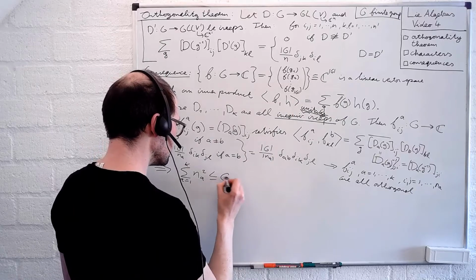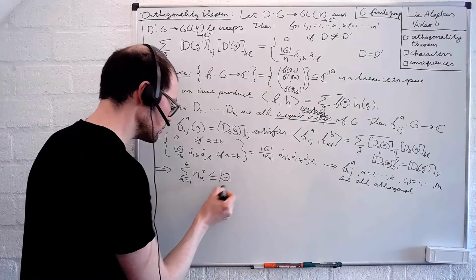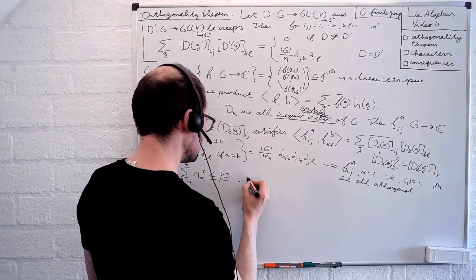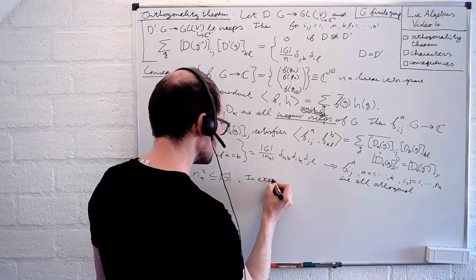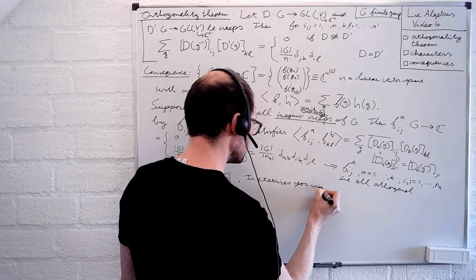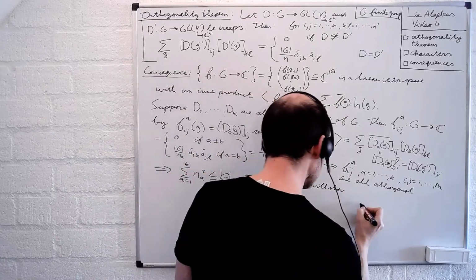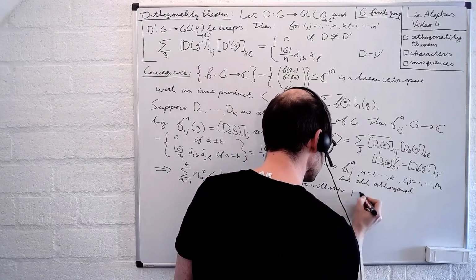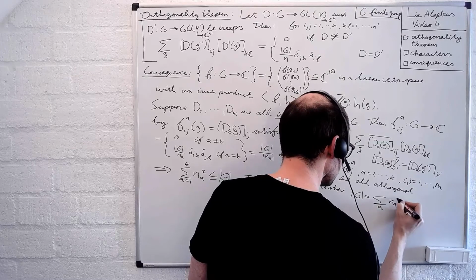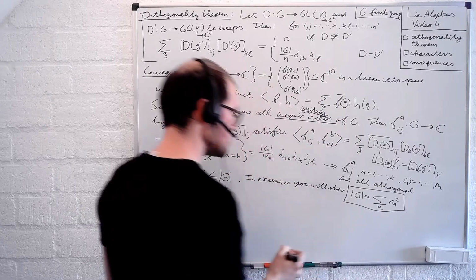So we immediately get this inequality: the sum of n_a squared is at most the order of the group. In the exercises, you will show that we actually remarkably have the equality here. So the order of G is really the sum over the squares of the dimensions of the irreducible representations.